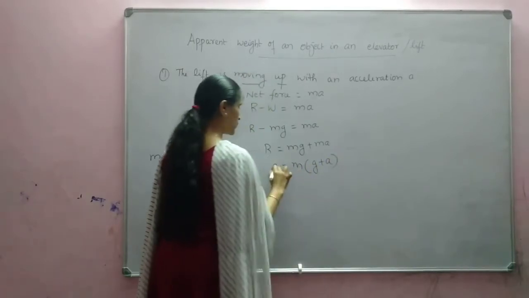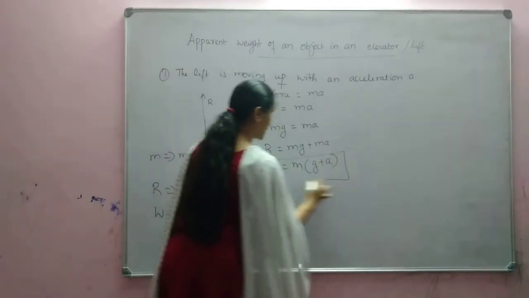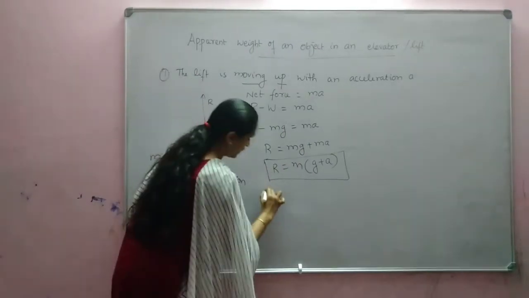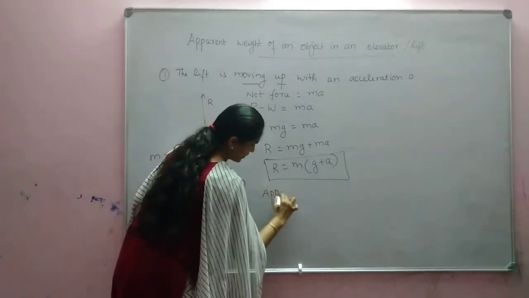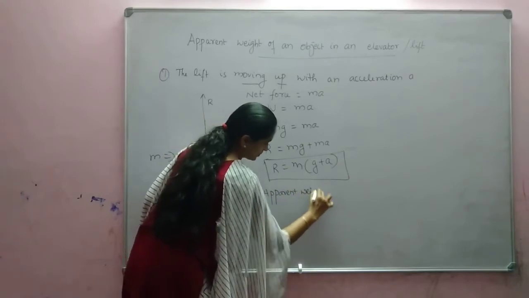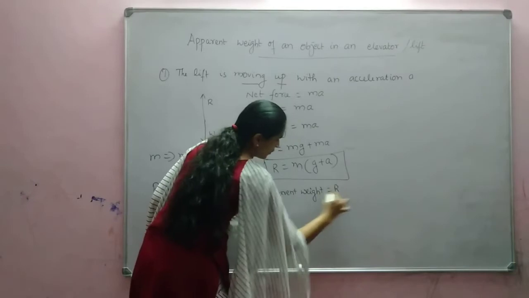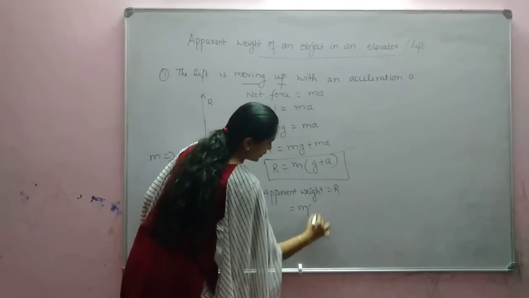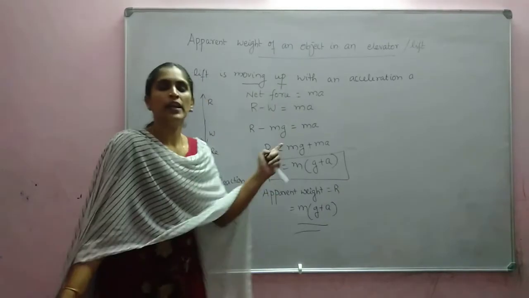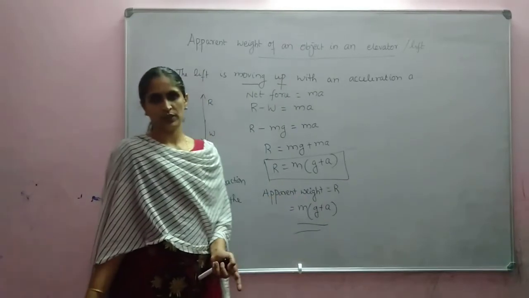So what will happen to the weight of the person? This is the apparent weight. So we can write apparent weight is equal to R, which is equal to m into g plus a. So we can say that apparent weight will be more than the actual weight. Okay. Why?